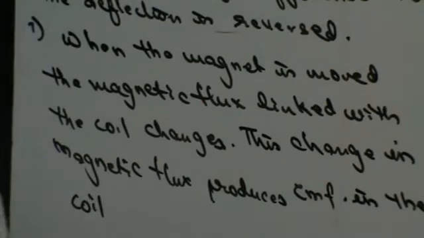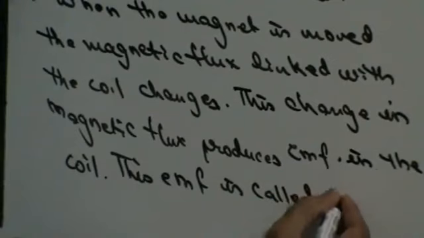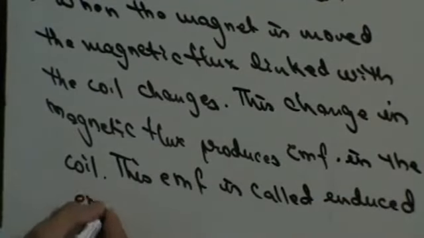That's the reason why EMF is produced in the coil, and this EMF is called induced EMF. Fine. So this phenomenon of production of induced EMF in the coil by changing the magnetic flux associated with it is called electromagnetic induction.